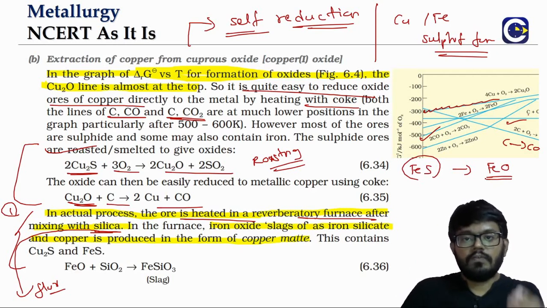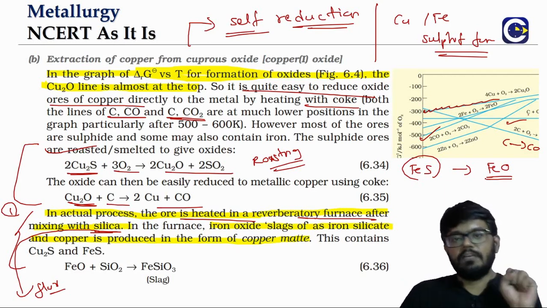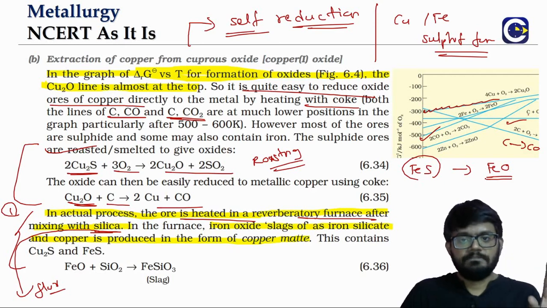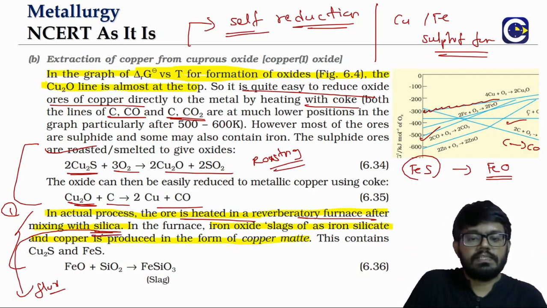Even if some amount of copper sulfide is converted to oxide form, that also will react with iron sulfide in a displacement reaction, so that we will get what? Iron oxide. So inside the reverberatory furnace, the copper sulfide part will be as it is. Majority of the iron sulfide will be converted into what? Iron oxide.